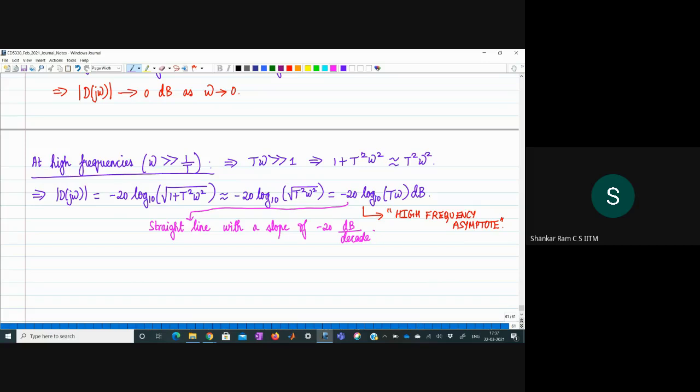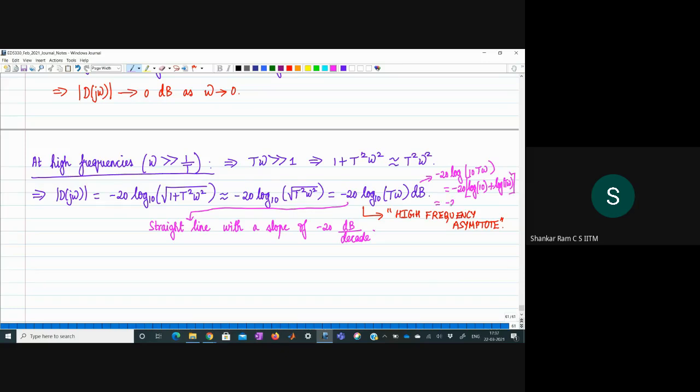So just use the same logic which I used some time back, right? So let us say we go from omega to 10 omega. So what do you think will happen? We'll have minus 20 log 10 times t omega, right? Minus 20 log 10 times t omega is going to be minus 20 log 10 plus log t omega, right?